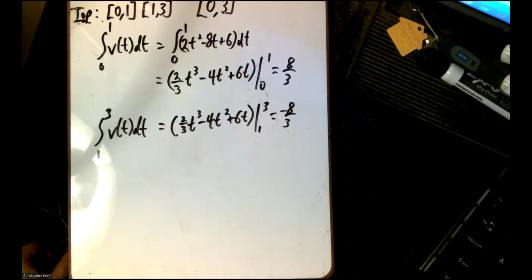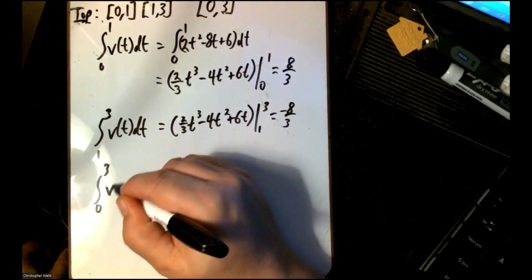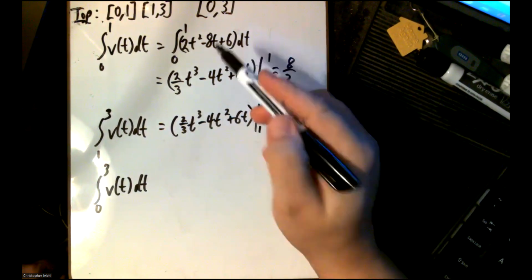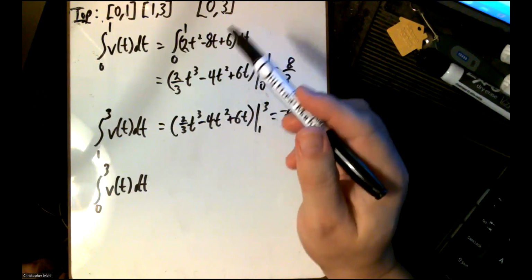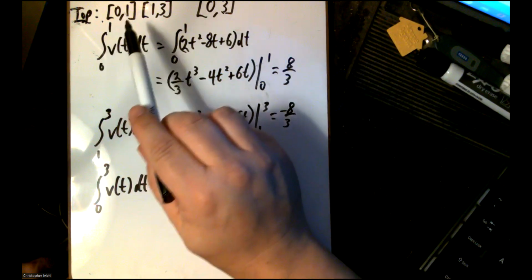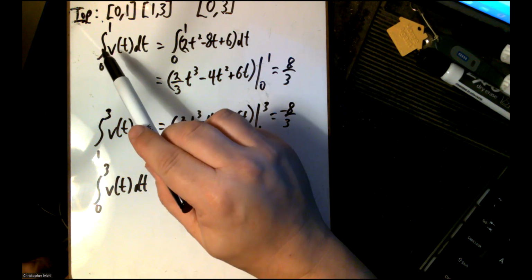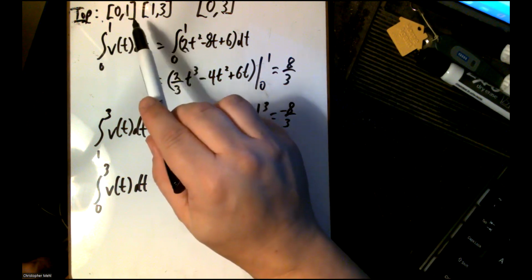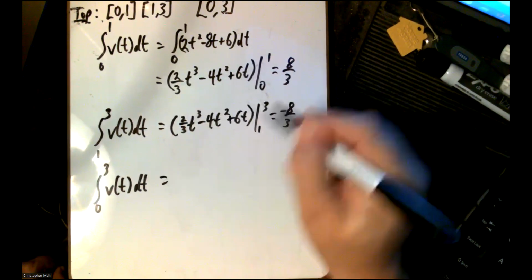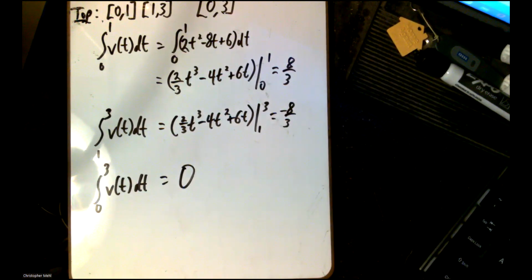And so the integral from 0 to 3 of v of t dt, I could just do the whole thing directly, that would work too. But since I've chopped this into subintervals, the integral from 0 to 3 of v of t dt is the same as the integral from 0 to 1 plus the integral from 1 to 3 of v of t dt. And so that works out to be 8/3 plus negative 8/3, which is 0.